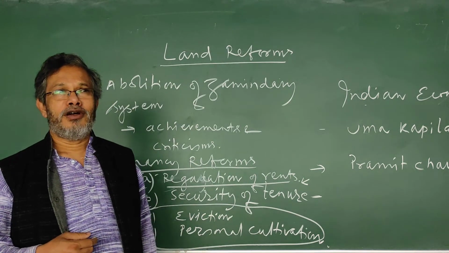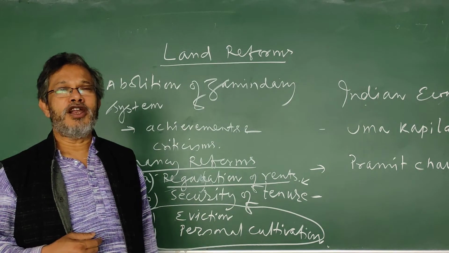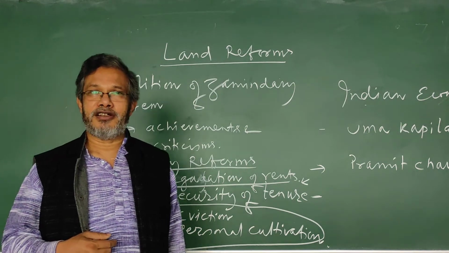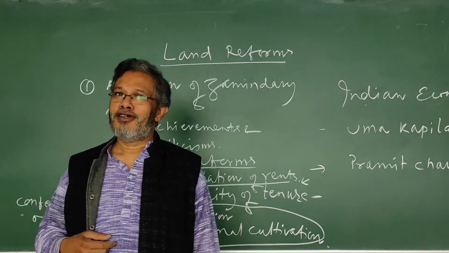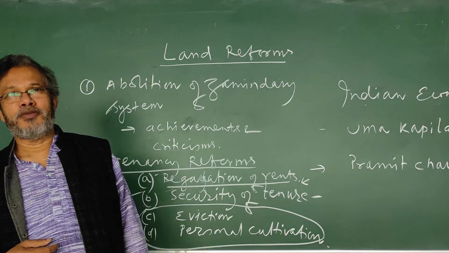This is called voluntary surrender. In the name of voluntary surrender, Jamindars and landlords take the land from the tenants.